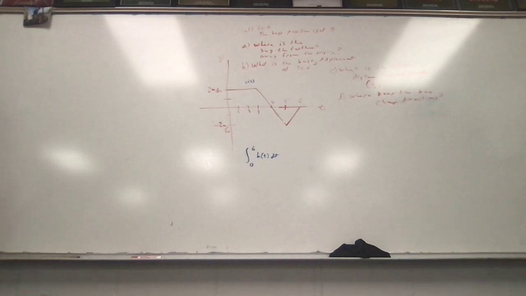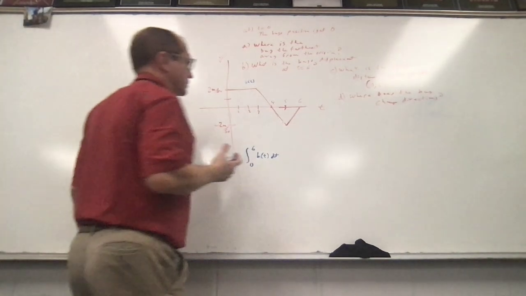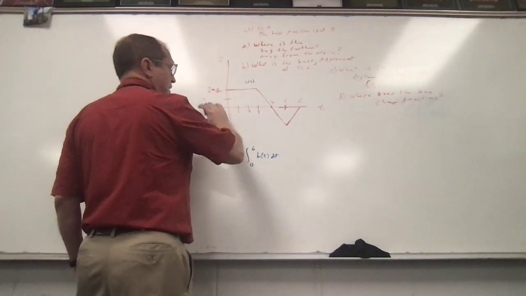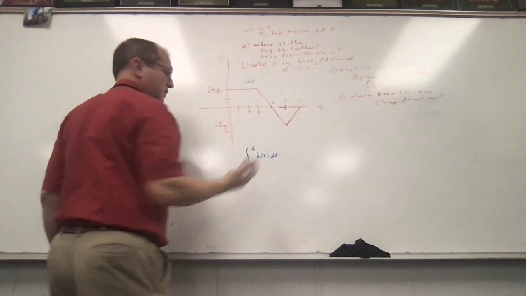In just regular people's terms, how would you solve for the antiderivative from 0 to 6 here?